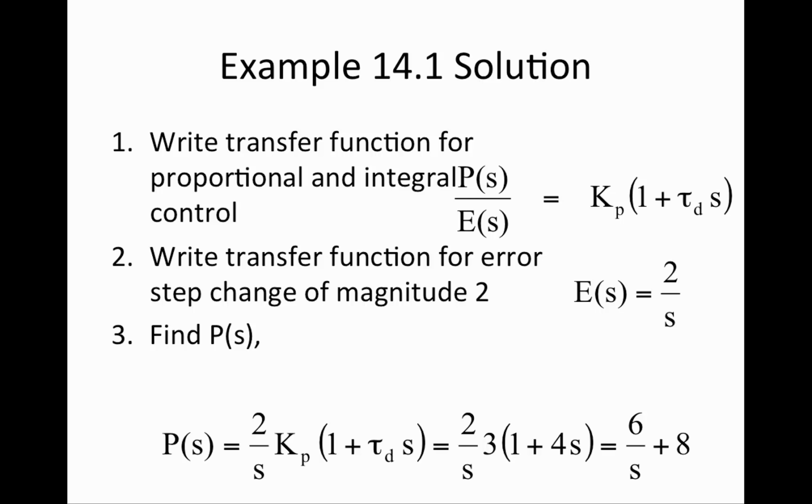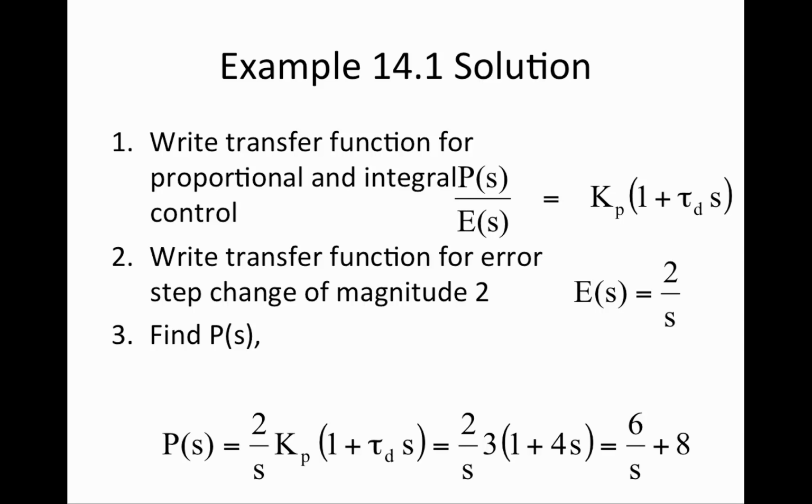So refer back to where we talk about the transfer function for PD control. We get the PS over ES equation, which is equal to Kp times 1 plus tau D times S. And then we can write the transfer function for error step change of magnitude 2, which the problem already gave us.